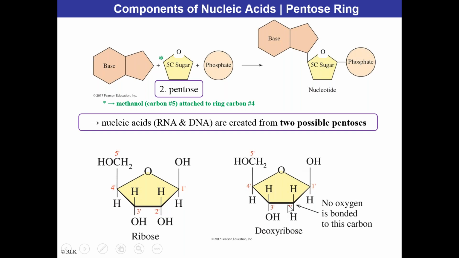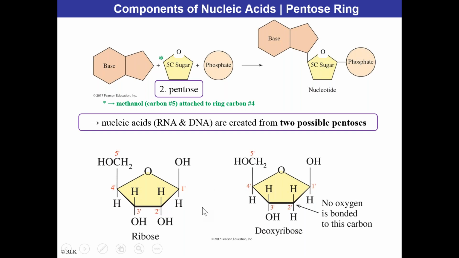And that's going to become even more useful in just a moment. I'll show you. But really, the look that we have to give this is having the primes attached to the numbers. 3' and 5' are actually going to become very important. You'll see why in a moment.